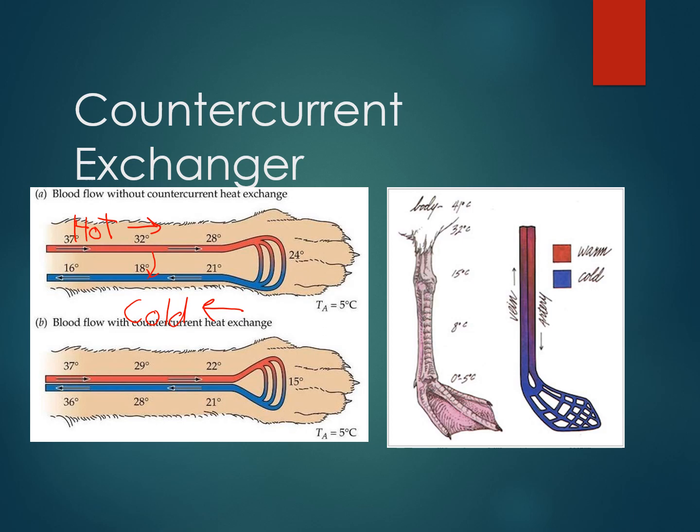At the top here, this is the inefficient method where the arteries and the veins are separated in the extremities. We do see that our extremities here retain a much higher temperature in relation to the air than with our true countercurrent exchanger.